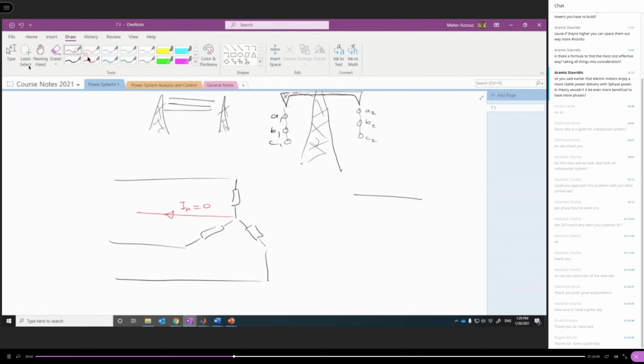This happens only if the voltages are balanced, like the voltages are 120 degrees apart, like this. So this is VA, VB, and VC. And same thing for the current. The current should be 120 degrees apart. This is IA, IB and IC.